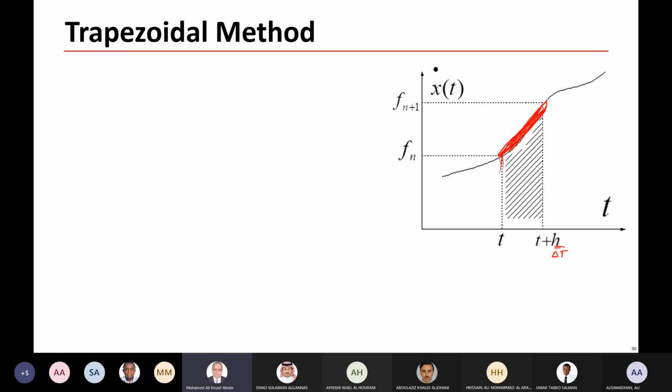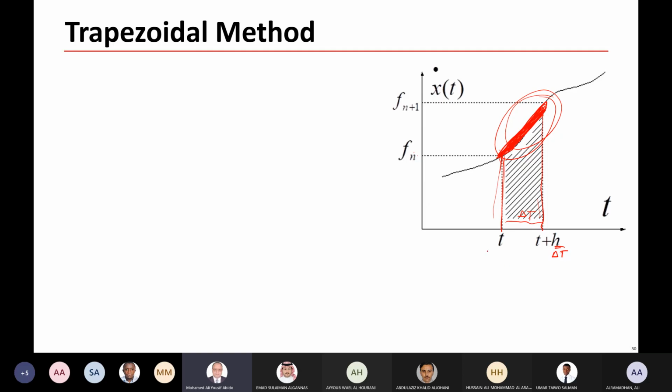So if you have the integration to solve this function, you need x of t. So you integrate here. Well, integration here is the area under the curve. And if you approximate this as a straight line, you can easily calculate the area under the curve. Here, this is delta t or h, and this is the value f of n, and this is the value f of n plus 1.